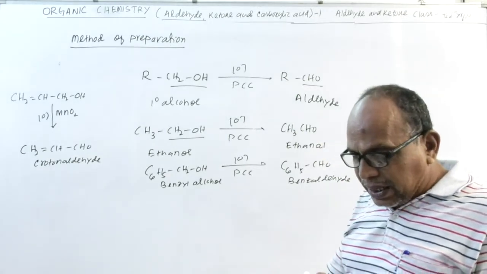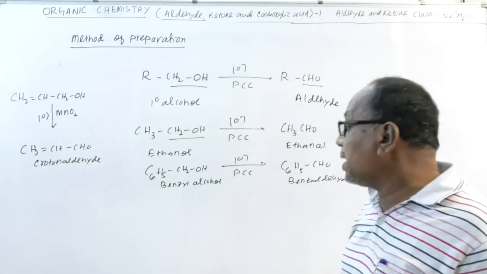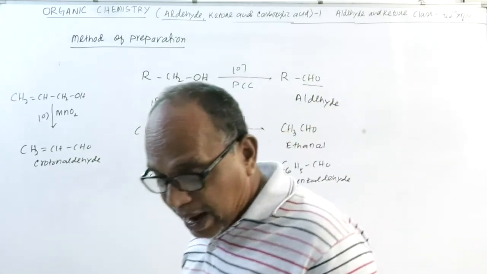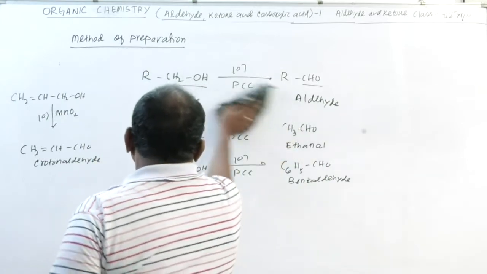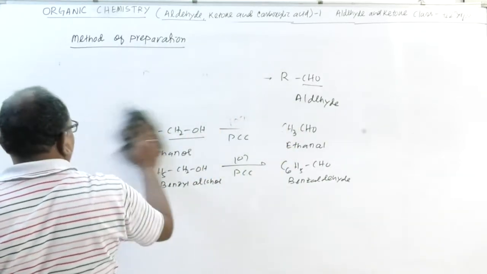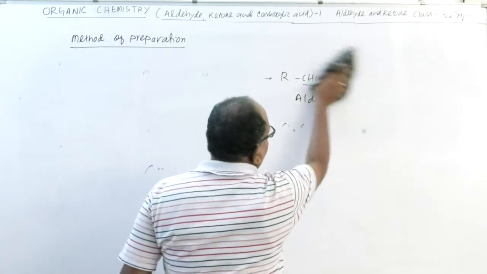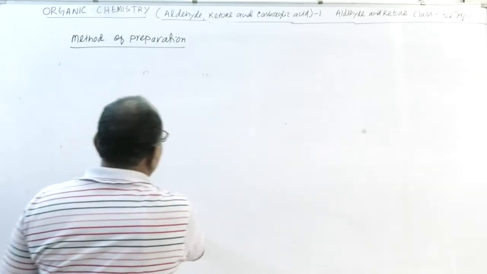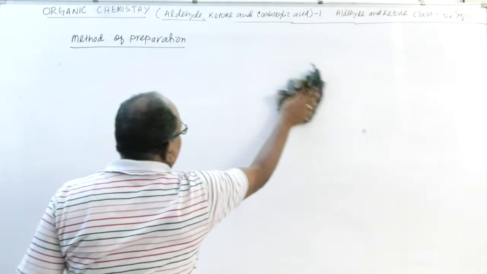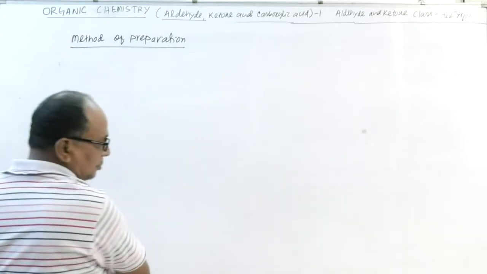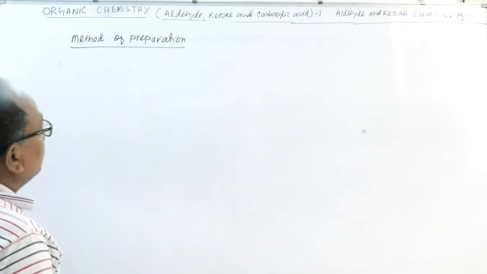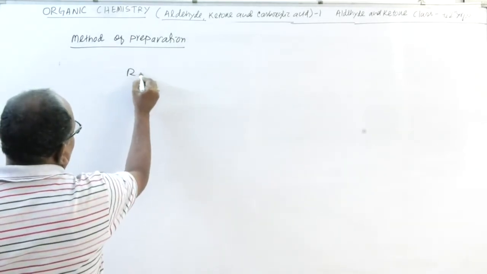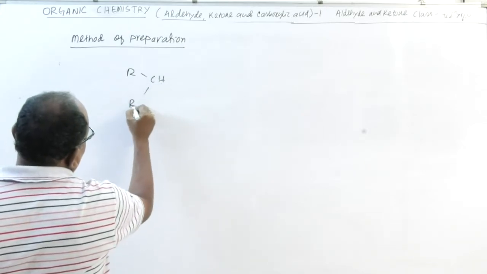Okay, students, these are the oxidations of primary alcohol to an aldehyde. And what about the secondary alcohols? If you take a secondary alcohol, this is your RCHROH.